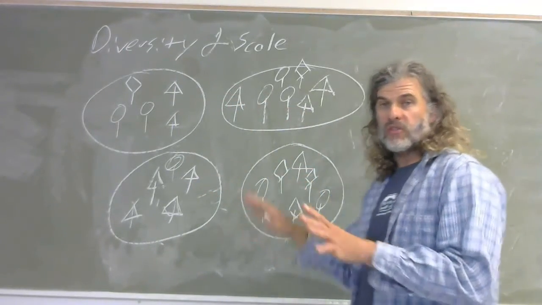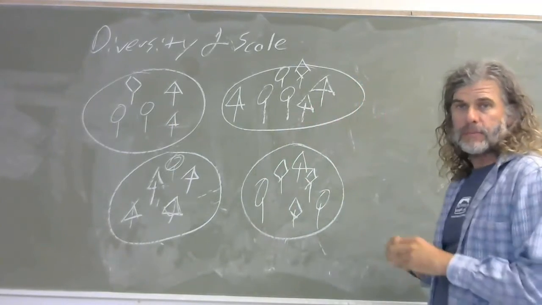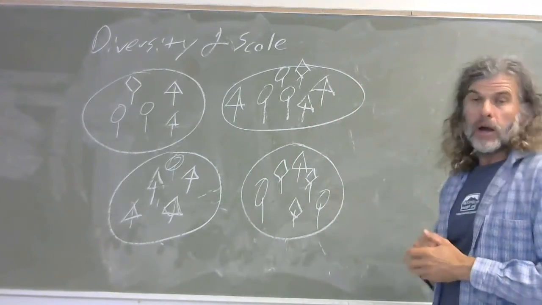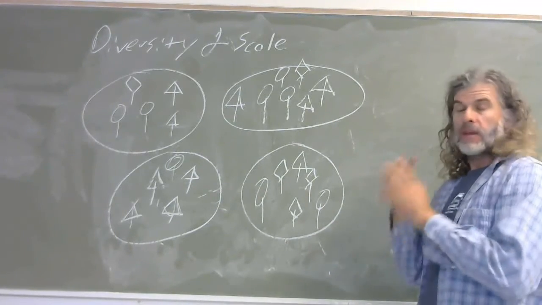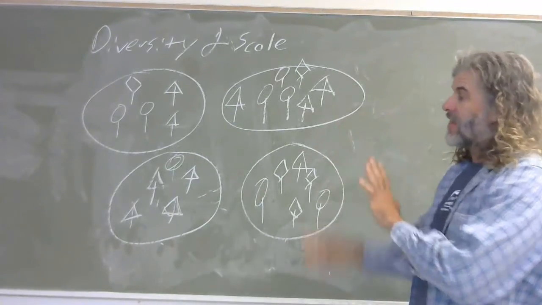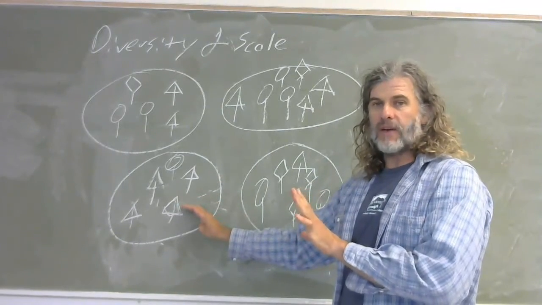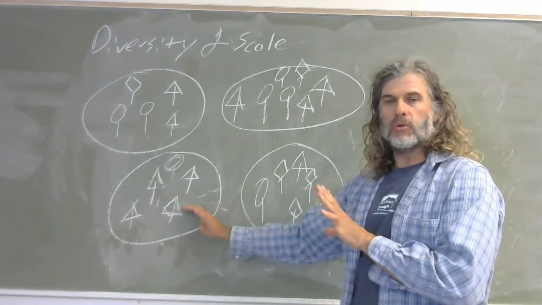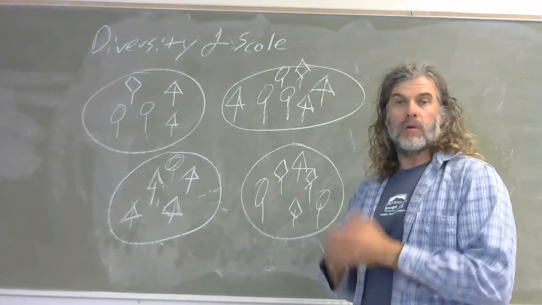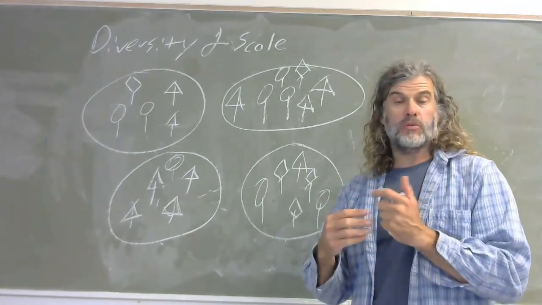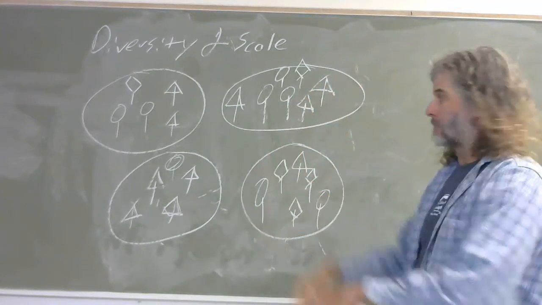But we can also look at diversity from a broader perspective, from a regional or landscape level perspective, sometimes called beta diversity, and in that context, these stands that appear to have lower diversity at the local scale become more important because they have a greater contribution to heterogeneity at this landscape scale.